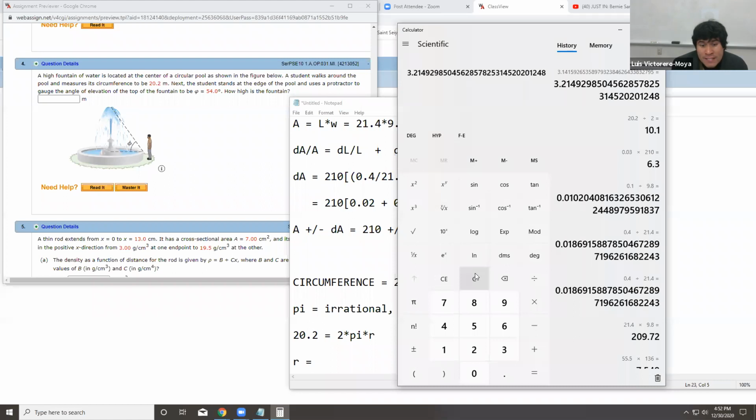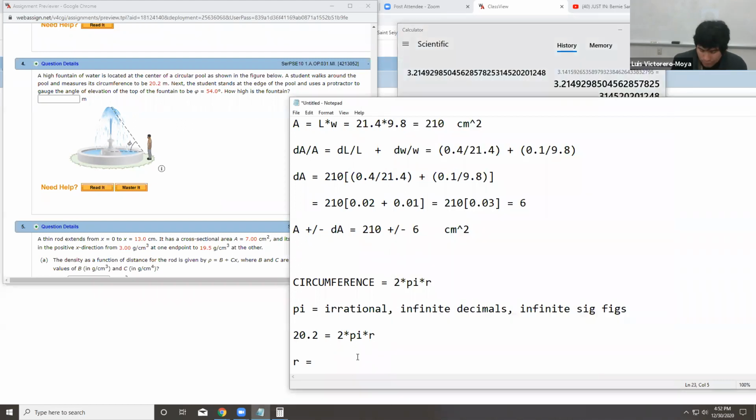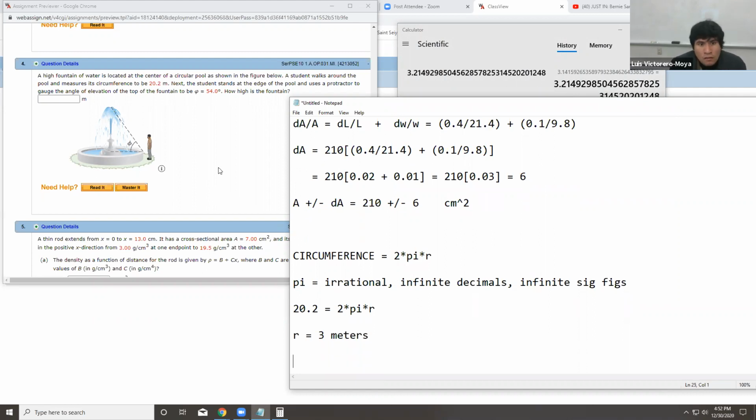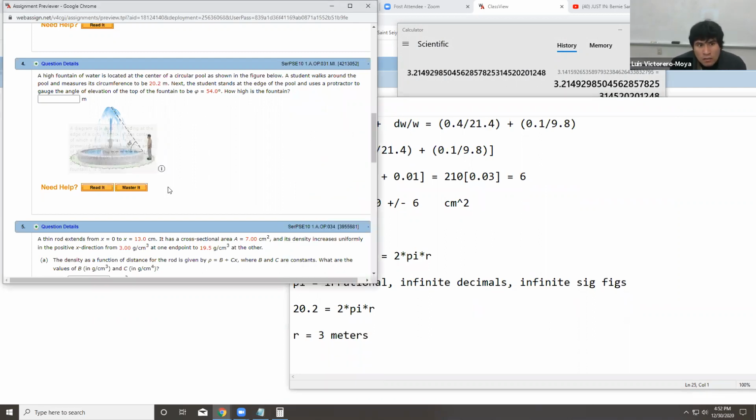Yeah, you need to have only 1 sig fig at the end, right? Because 2 is only 1 sig fig, so 3. The radius is 3. You know, at the end of the day, that's fine. Okay, 3 meters. And then 3 times the tangent of 54 will give me the height.